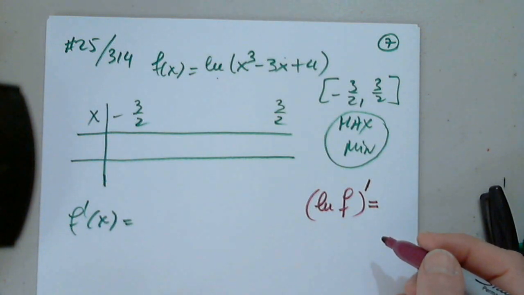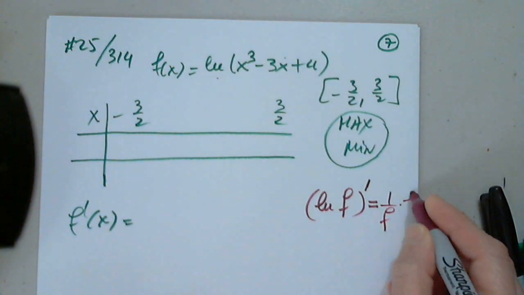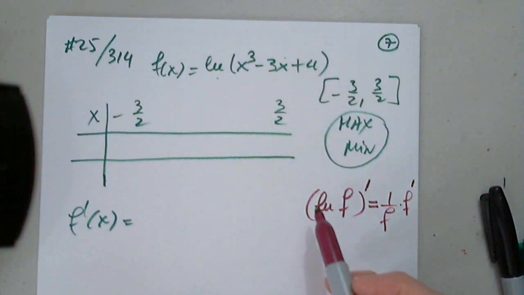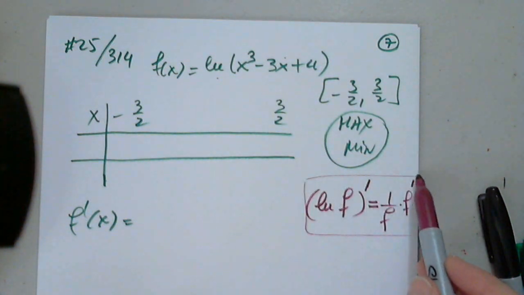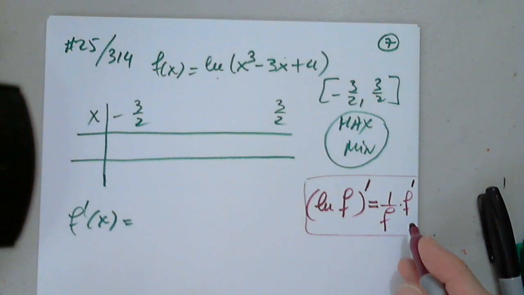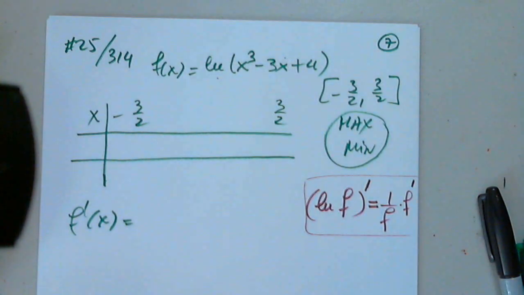It's 1 over the function times the function prime. All these formulas are extremely crucial for any test and the final, right? Good, so let's come back.